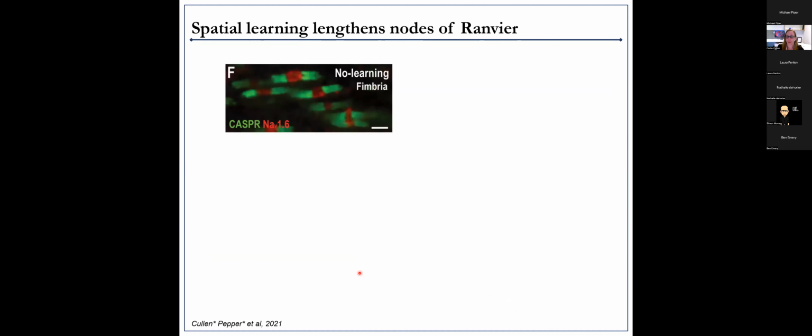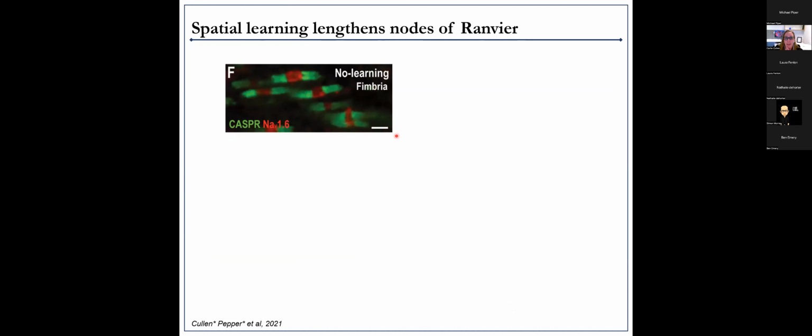So I wanted to look at the nodes of Ranvier. Just to show you what's going on here, we've got the paranode labeled with contactin-associated protein in green, which is where the myelin tethers to the axon, and voltage-gated sodium channel 1.6, which clusters at the node, in red.